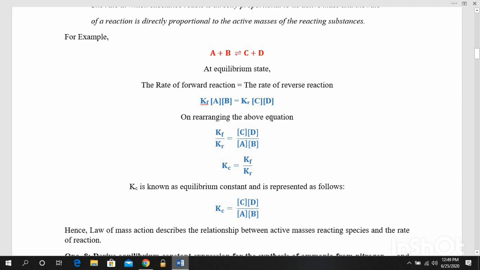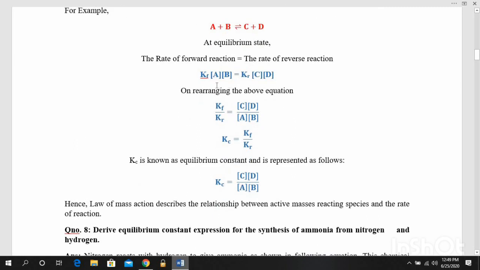If we rearrange the above equation and keep the concentrations on one side and the constants on the other side, we get Kf by Kr equals concentration of C into concentration of D divided by concentration of A into concentration of B. And we all know that Kc equals Kf by Kr.